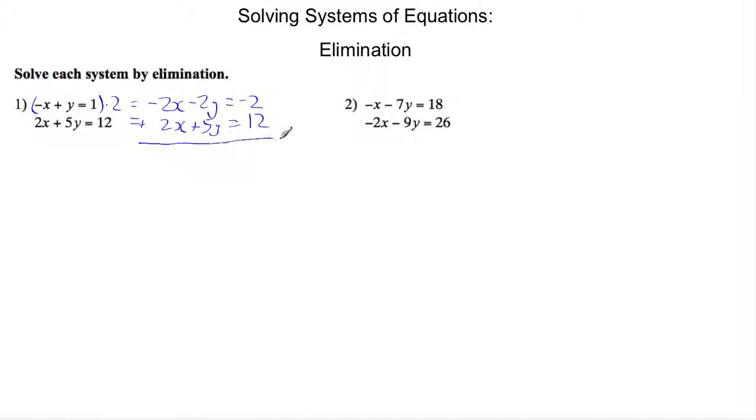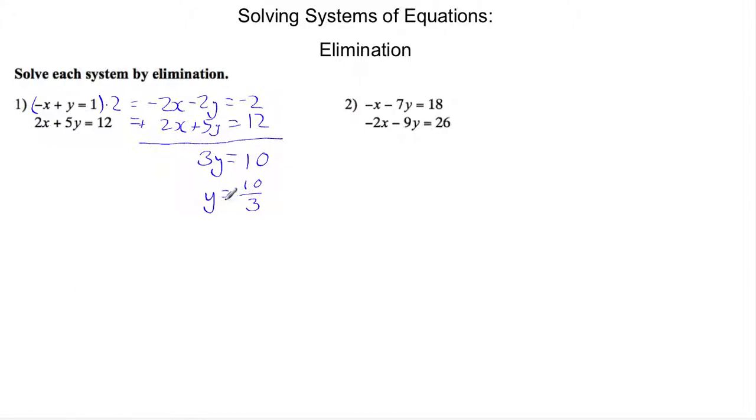Well, what if I added these two equations together? Negative 2x plus 2x is 0. Negative 2y plus 5y is 3y. And negative 2 plus 12 is 10. So here I get that y is equal to 10/3.